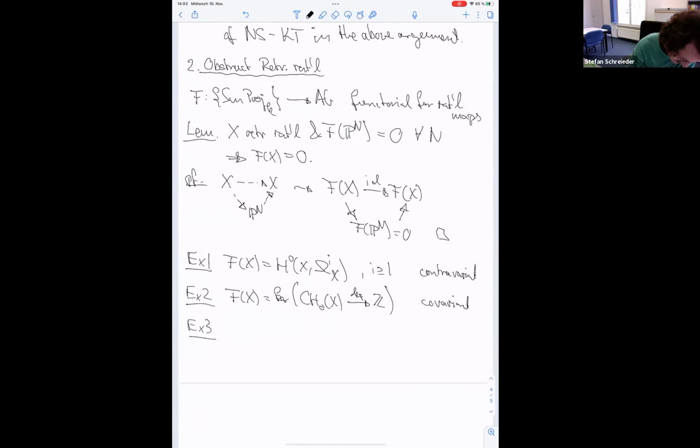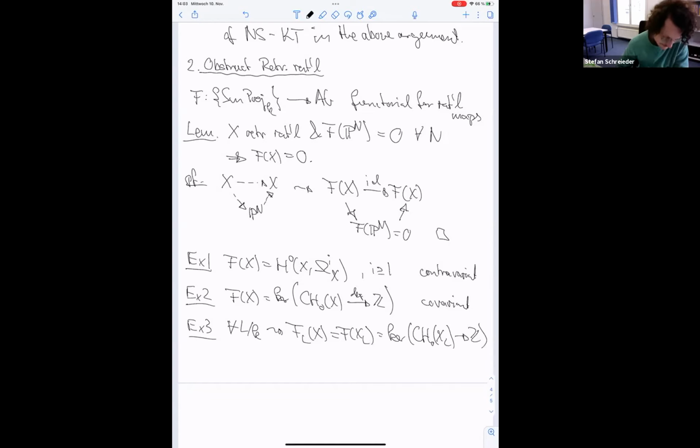And the third example is the observation that whenever we have a field extension, then we get a new functor just by applying the old one to the base change. For instance, the kernel of the degree map.